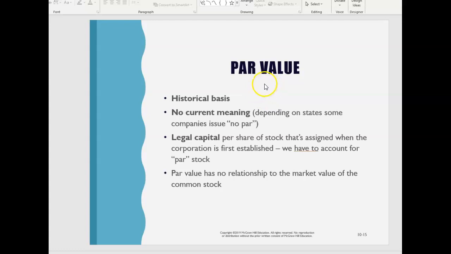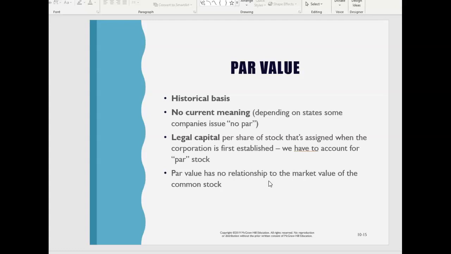That would be what par value is. Obviously, when you're talking about Google or Apple, there's no steel mill there. There's nothing to really base this on. So some states allow companies to have no par stock. That's easier. Others, they have to have some par value. A lot of times companies will have a par value of like a cent. It has no relationship to the market value of the common stock.